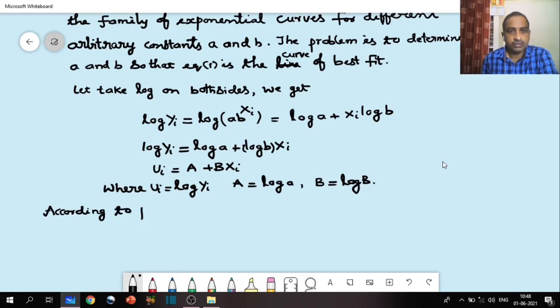This is equation 2. Now this becomes a linear form in ui and xi, right?